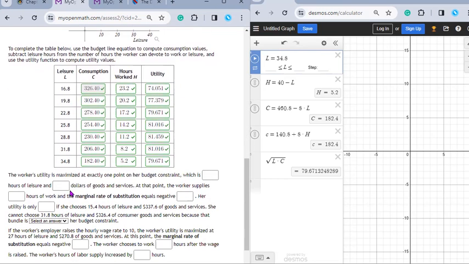So the worker's utility is maximized at exactly 1 point. It looks like in the table, the utility reaches a max when leisure is 28.8.